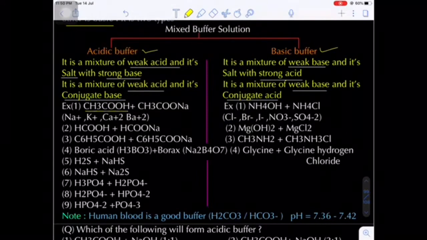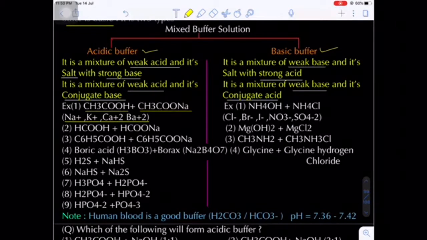Now, do you know the best example for the weak acid? That is acetic acid. And its salt with whom? Strong base, such as sodium hydroxide, potassium hydroxide. We are taking sodium acetate. Instead of sodium, you can take potassium, calcium ions, or barium ions.